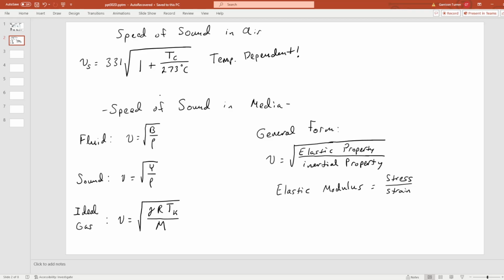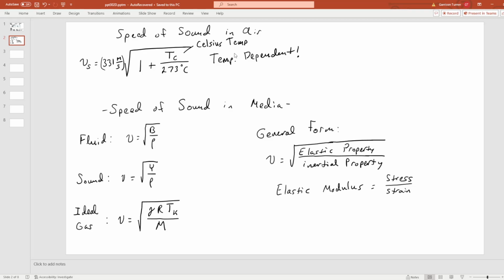Higher temperatures will give a higher speed of sound. I really should have included the units here. This is 331 meters per second. If you know what your temperature in Celsius is, then you can use this formula to get the speed of sound in air.